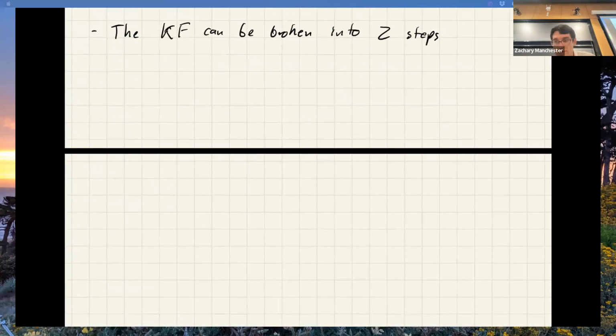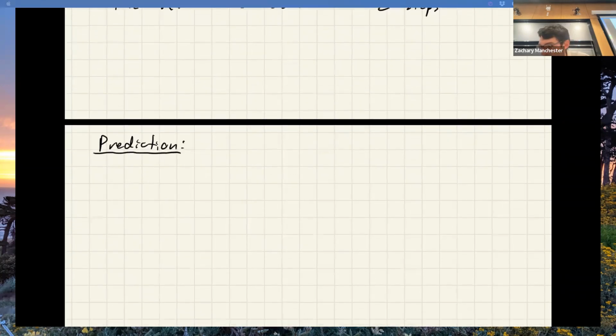The first one is the prediction step. So here we go. We're going to compute a state prediction, which is going to be x k plus 1 given k. So that's the prediction part, right? This is what we think the state is at time k plus 1, but we haven't incorporated a new measurement yet. That's why it's k plus 1 given k.